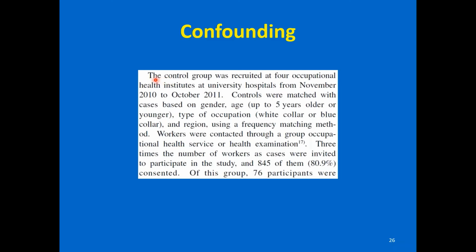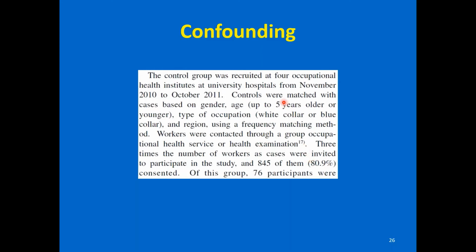In the paper, they identified that the control group was recruited at 4 occupational health institutes at university hospitals. Controls were matched based on gender, age up to 5 years older or younger, type of occupation, and region, using the methods. Workers were contacted through a group occupational health service or health examination.